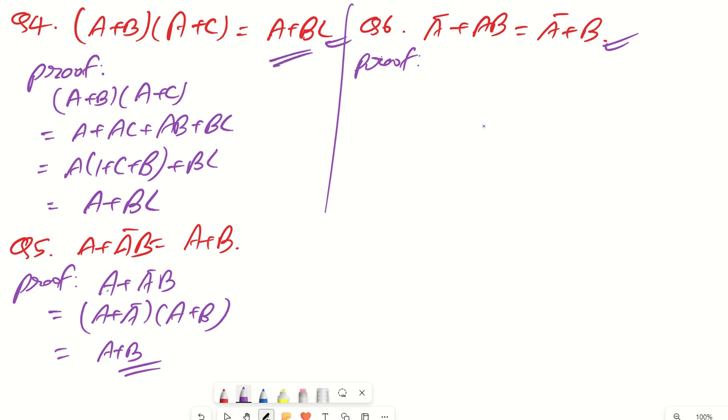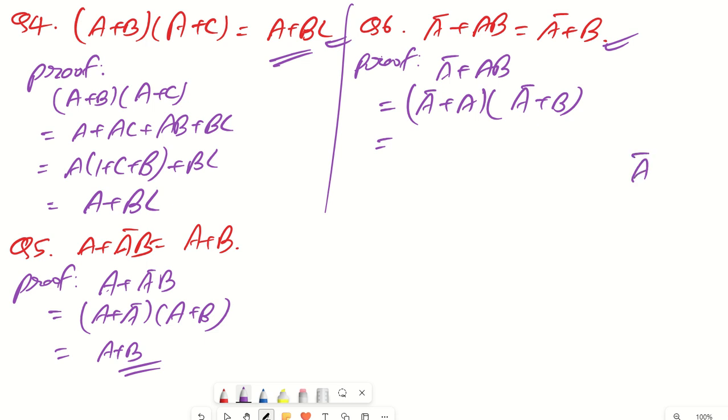By the same method, by the same identity, we can utilize this. So what will happen on the left side? My A bar plus AB is going to be equal to A bar plus A into A bar plus B, and you know already that A bar plus A is nothing but 1, right? So in that case I can write it down directly, A bar plus B. So this is my proof.